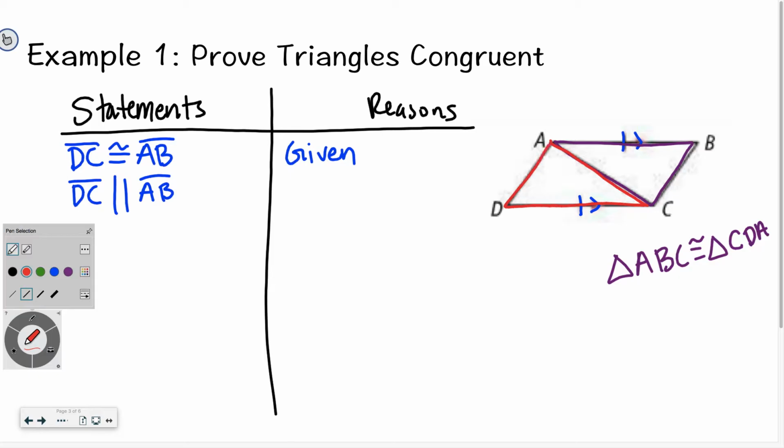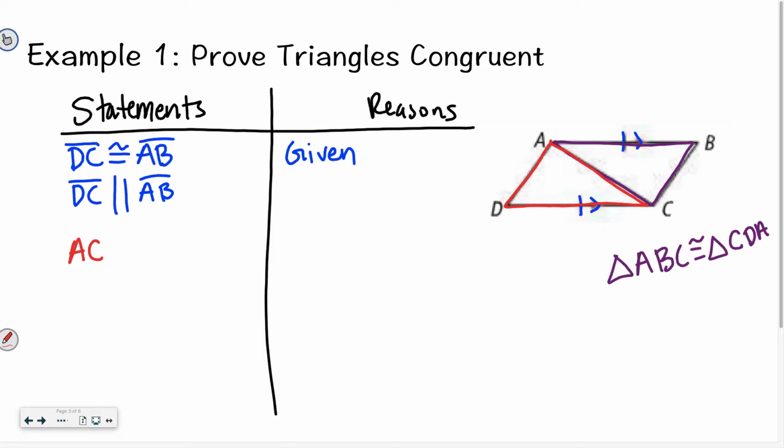notice how there's one line in that picture that overlaps. It's both purple and red. That's the same exact line. So what I can say is AC is congruent to AC because it's on both of the triangles, and that's called the reflexive property. That's something we talked about way back in the beginning.